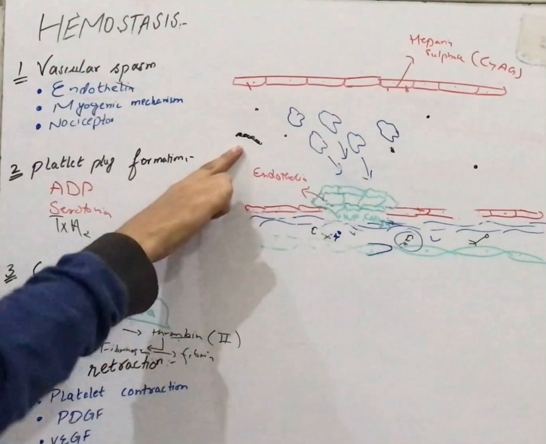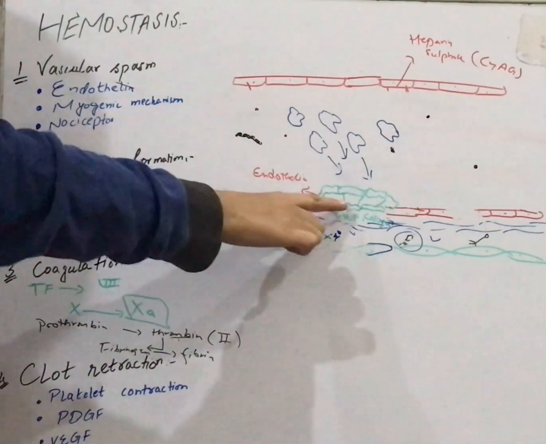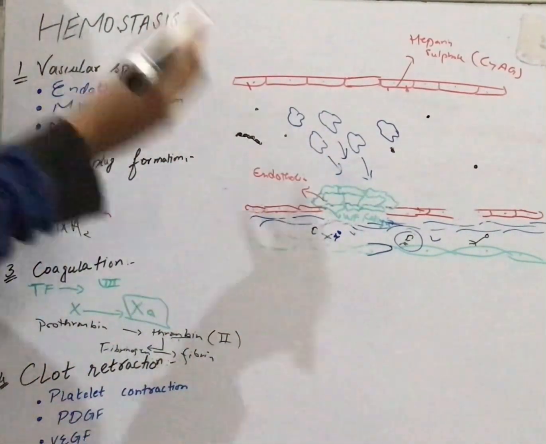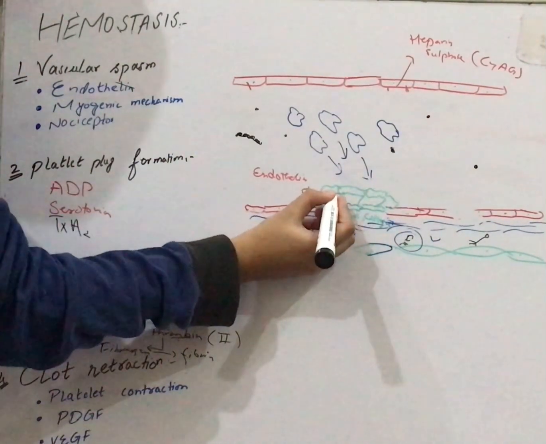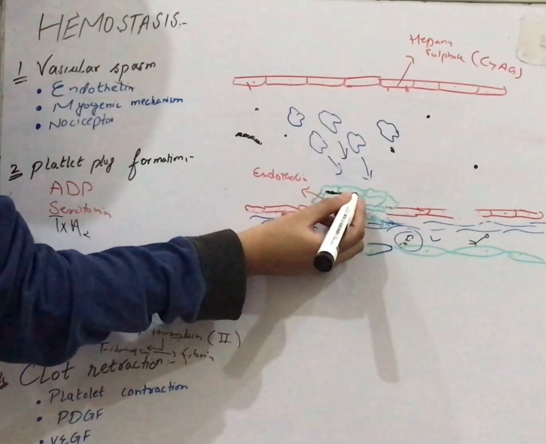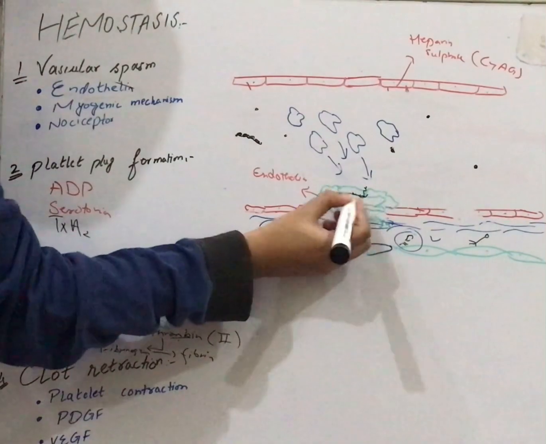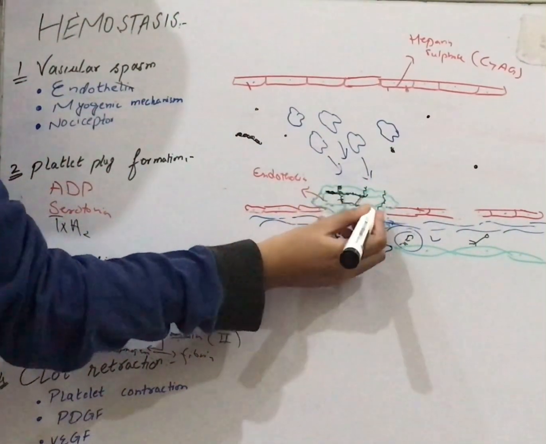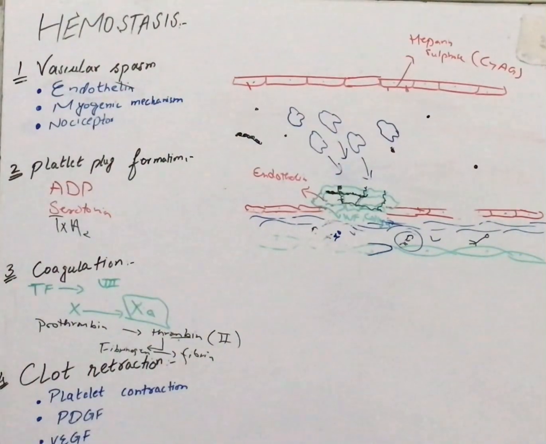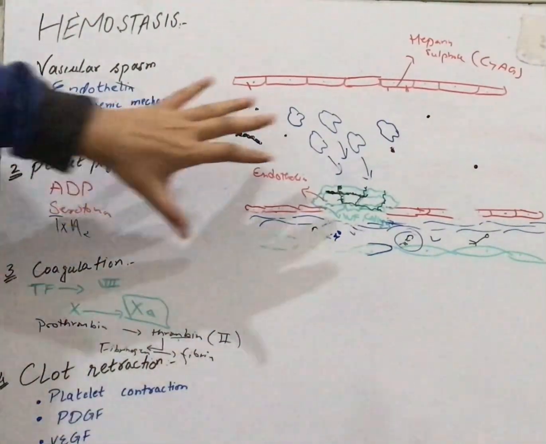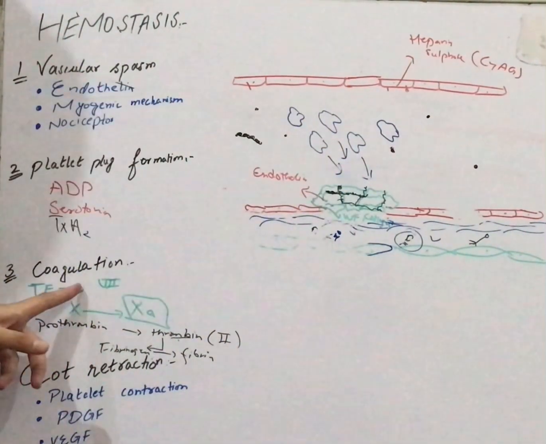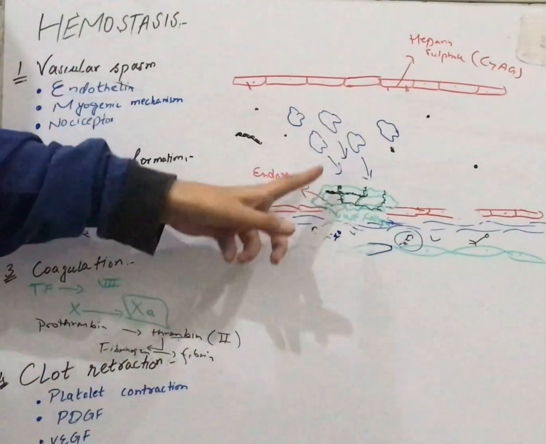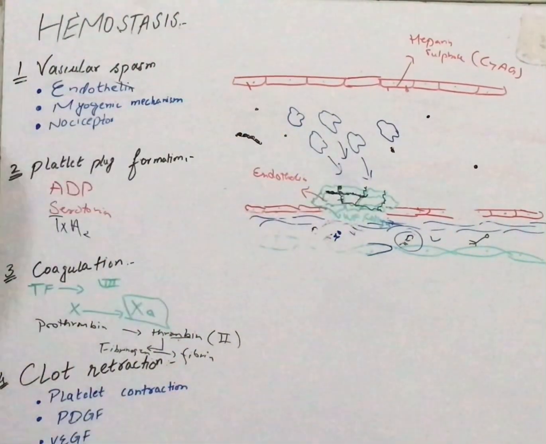So this fibrin will reach the site of injury, and it will form a meshwork here. See now, this is the clot stabilization. The clot is stable due to the fibrin meshwork here.